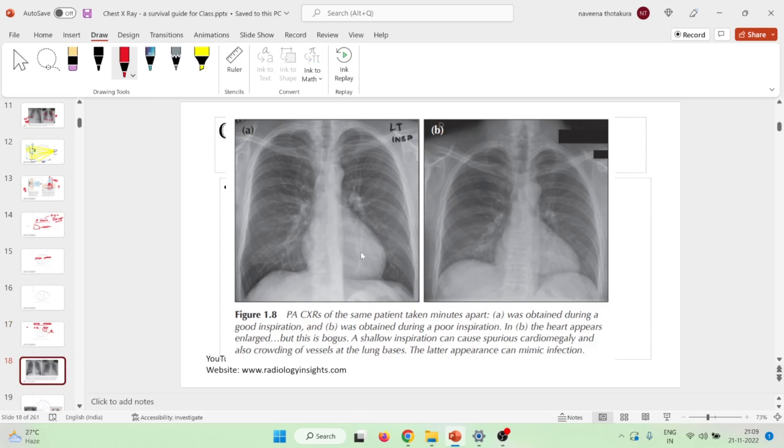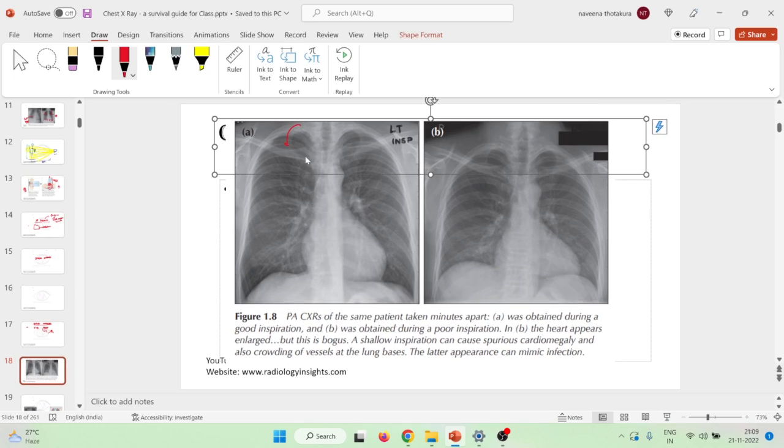That is, if this is the chest x-ray, this is PA view, this is also PA view. If you see here, how many ribs are there? This is the first rib, and the anterior aspect of the ribs is what we should see.